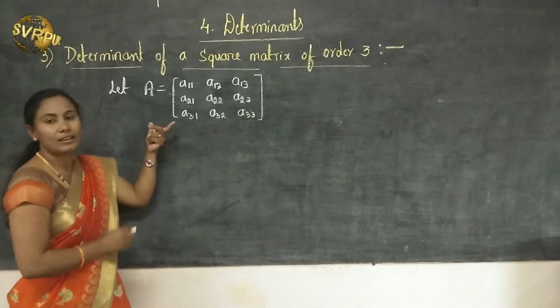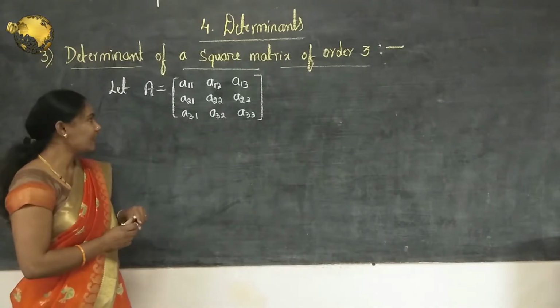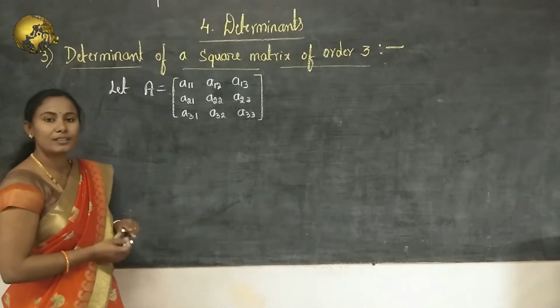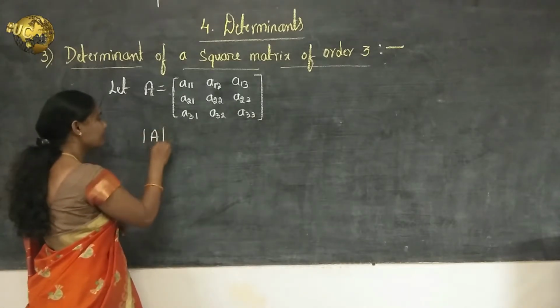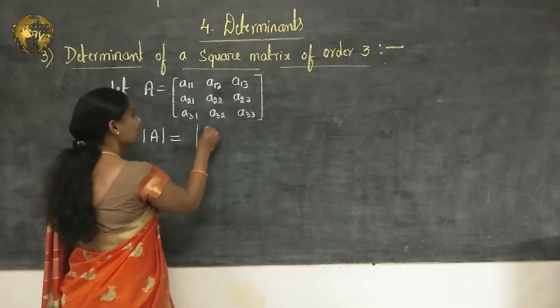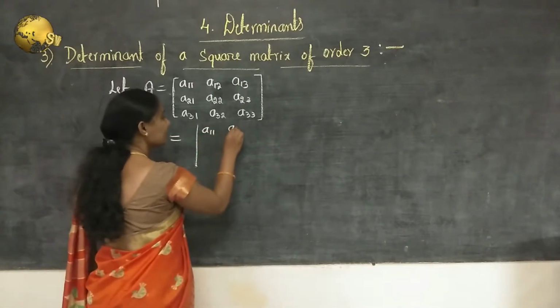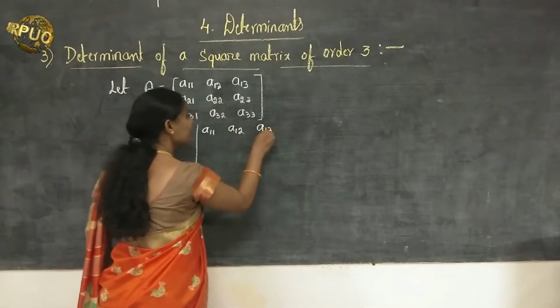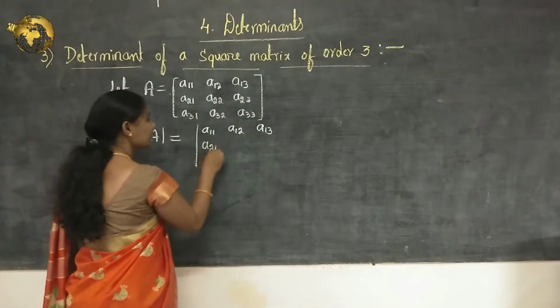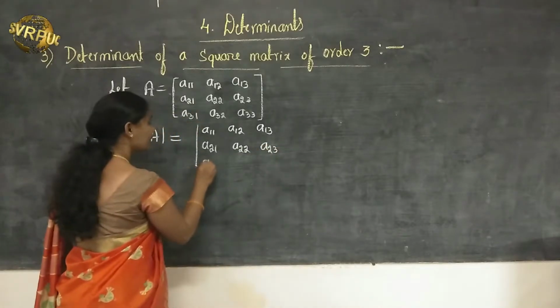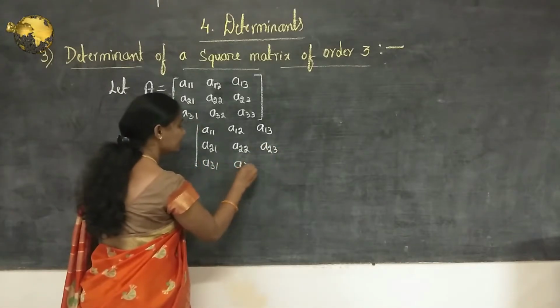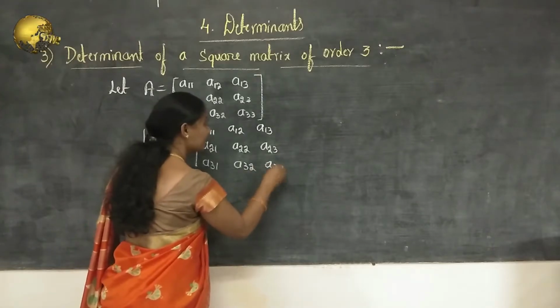So we will find the value of this matrix. For that, let me first write it in the form of a determinant. So determinant of A is equal to the determinant of A11, A12, A13, A21, A22, A23, A31, A32, A33.